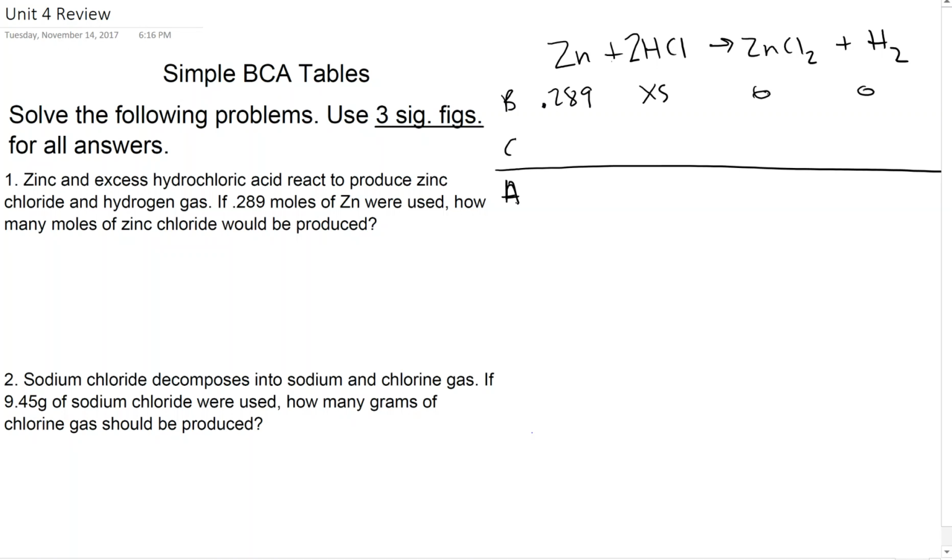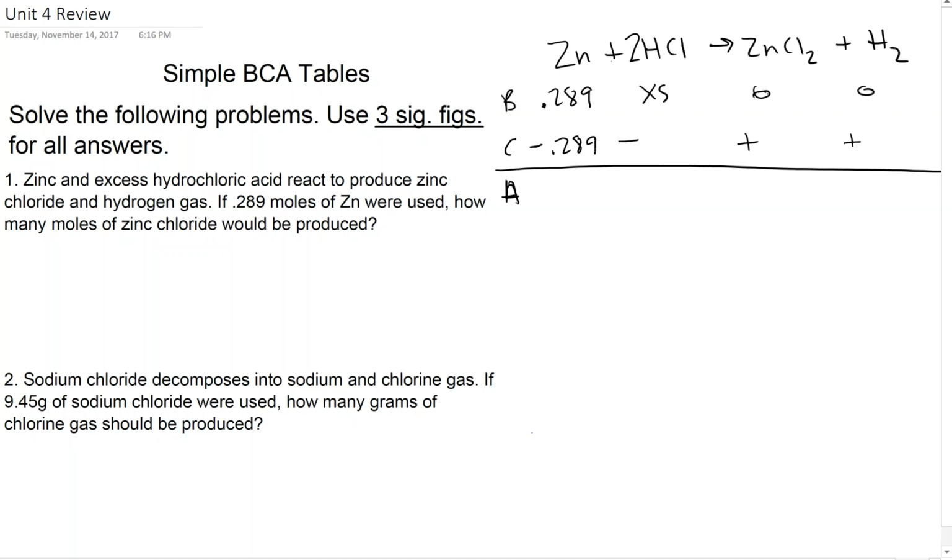When we fill out the change row, we know we're going to subtract our reactants and add our products, and we figure out our change row by looking at the numbers provided. Since we only know we have 0.289 moles of zinc, we have to assume we are going to use up all of it.